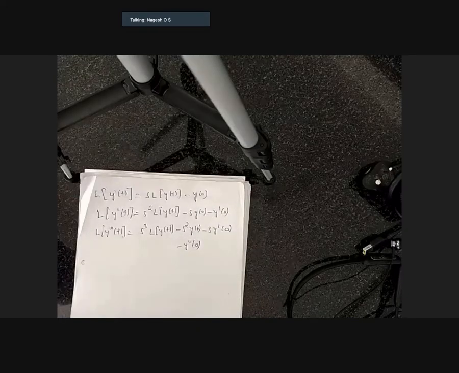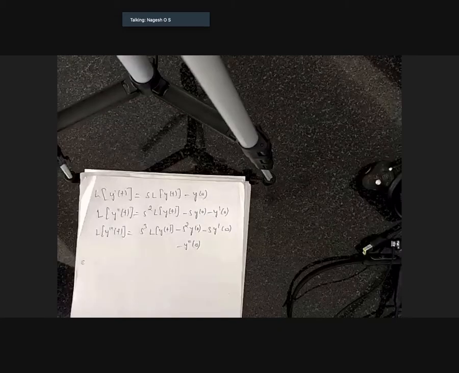The Laplace transform of y double dash of t is s square Laplace transform of y of t minus s y of 0 minus y dash of 0. Then Laplace transform of y triple dash of t is so much. So I will keep that on one side.